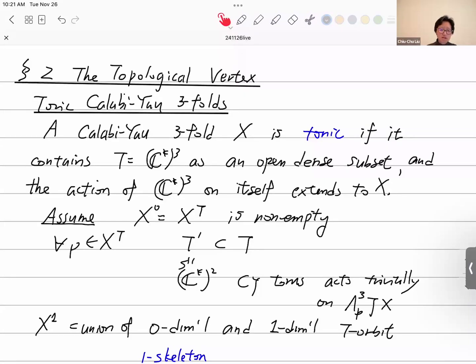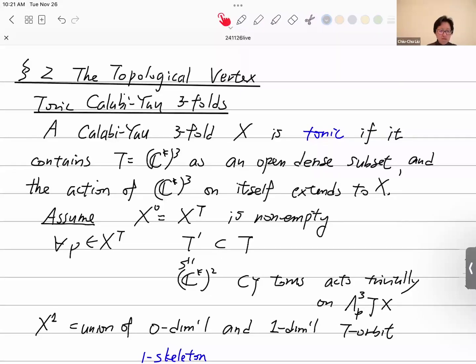So X contains C star cubed as an open dense subset, and the action of C star cubed on itself extends to X. Last week we have seen some examples: C^3, O(-1) plus O(-1) over P1, and the total space of O(-3) over P2 are examples of toric Calabi-Yau threefolds.